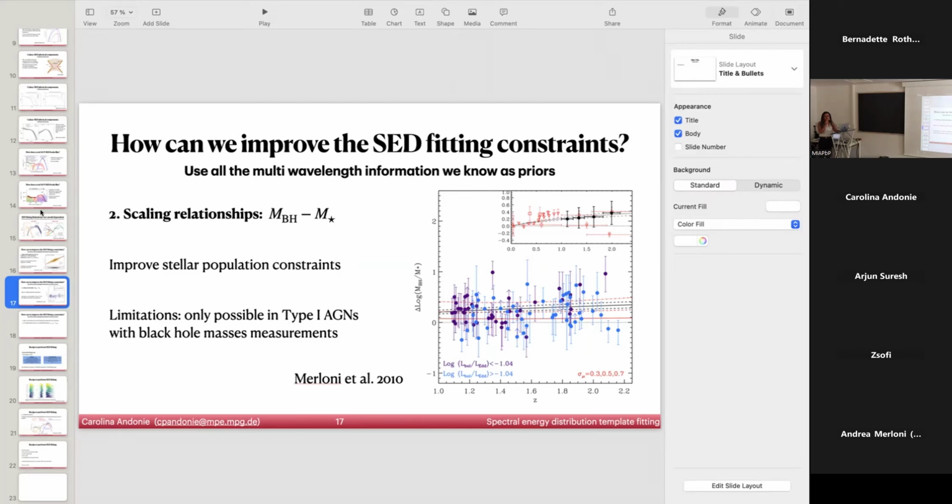Quick question: do any of the codes, as far as you know, incorporate scattered light for the AGN as one of the models? It's very challenging to fit very obscured quasars, partly because a lot of the UV and optical light is actually scattered AGN light.